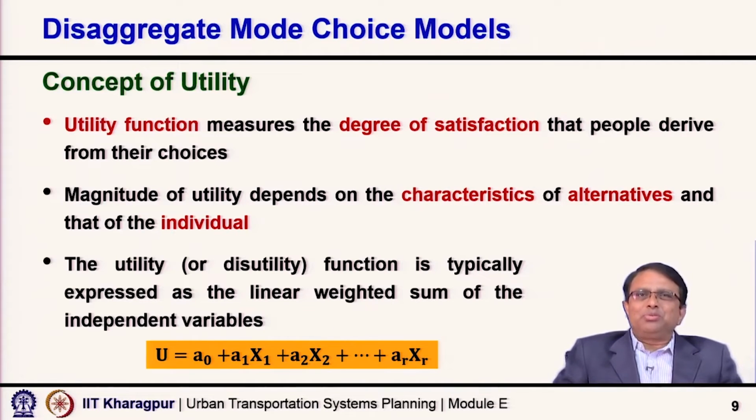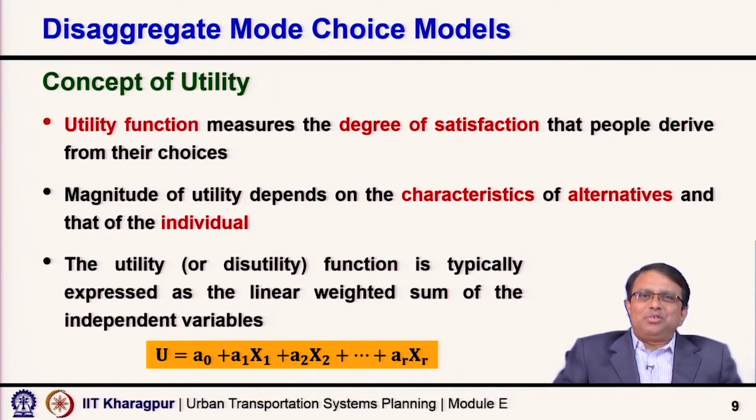What are the influencing factors or variables? It is basically the characteristics of the alternative and the characteristics of the individual. So, the magnitude of utility must be a function of the characteristics of alternatives and characteristics of the individual.